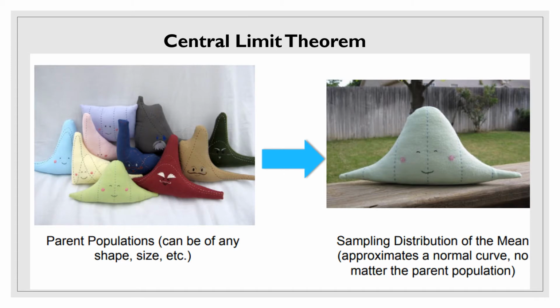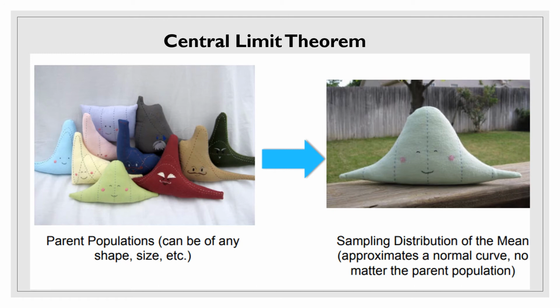All right, so here's a visual of the central limit theorem. Over here, these little pillows are our parent population. Remember at the beginning, we talked about different shapes that we can have: symmetric, skewed left, skewed right, and even a uniform one back here in the purple. You can have bimodal, unimodal, whatever.